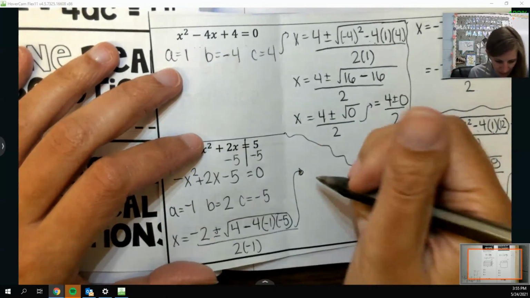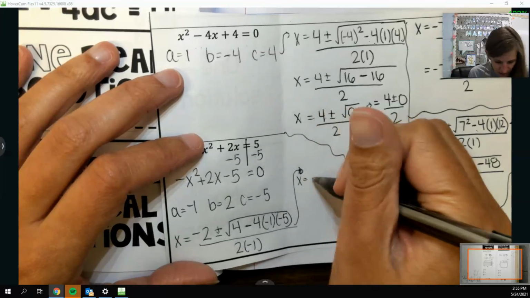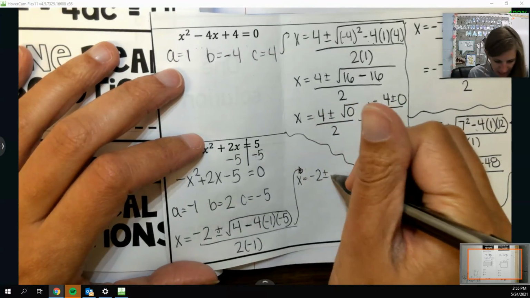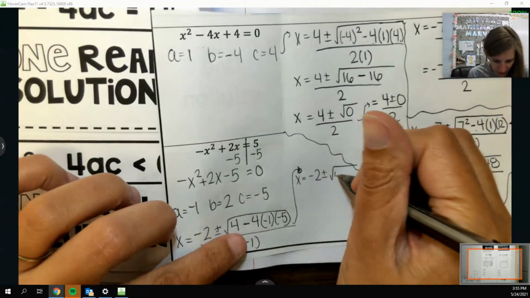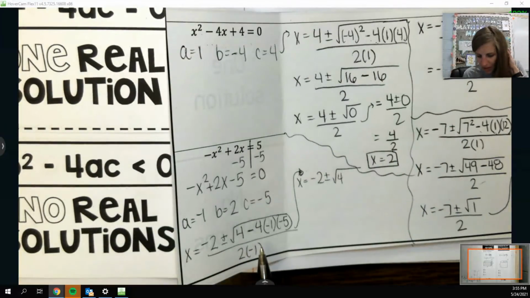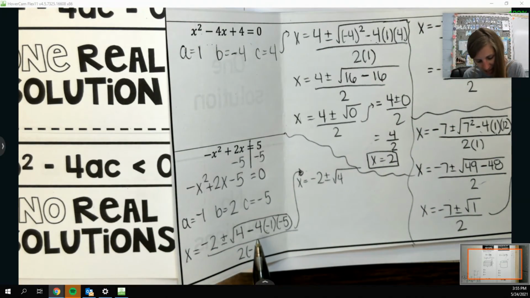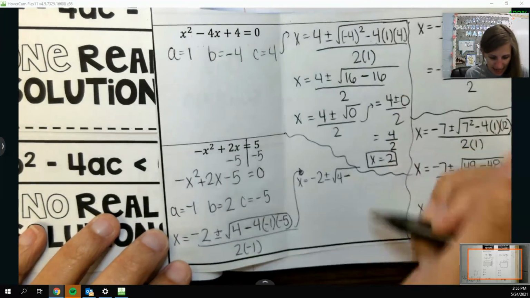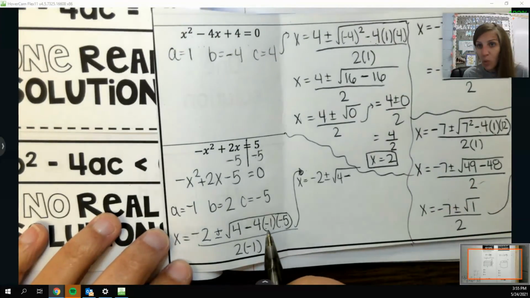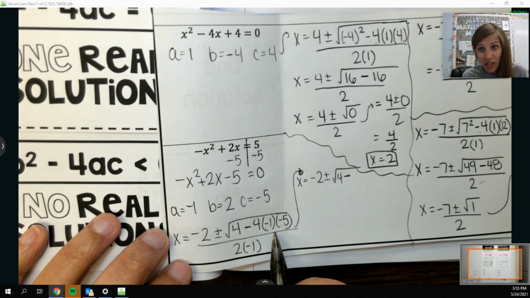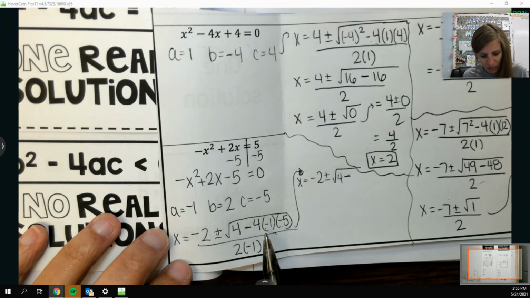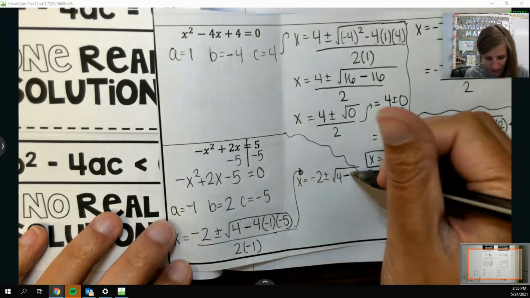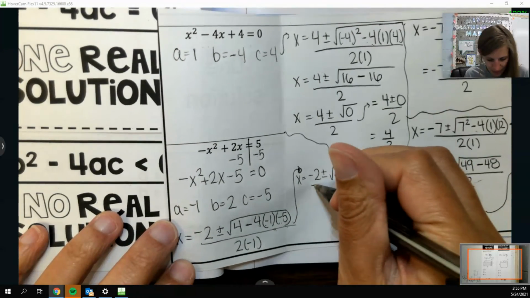So bringing this problem up here, we'll have x equals negative 2 plus or minus our square root of 4. Now, when I multiply all this stuff, we're going to have a negative times a negative times a negative, which is still a negative. The 1 doesn't matter. We already took care of the negative thing. And so I'm really just doing 4 times 5 for 20.